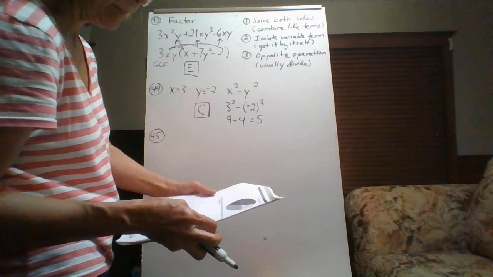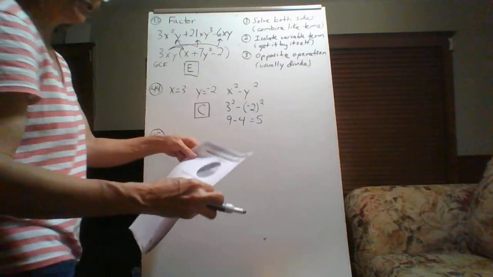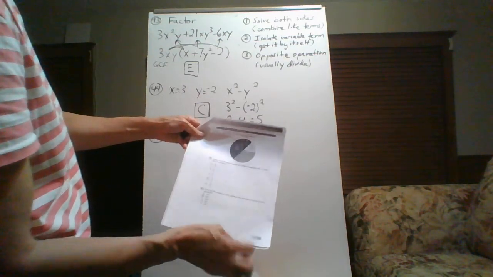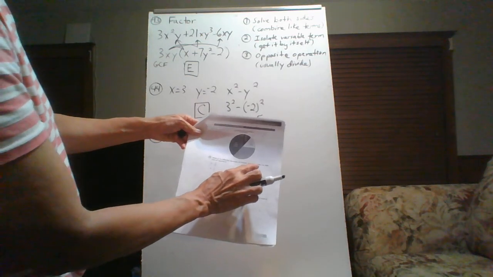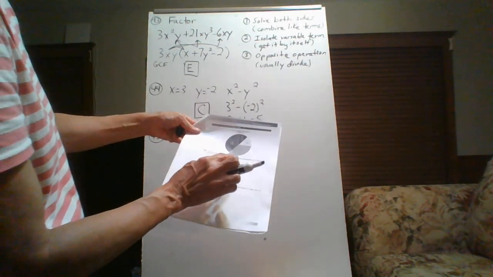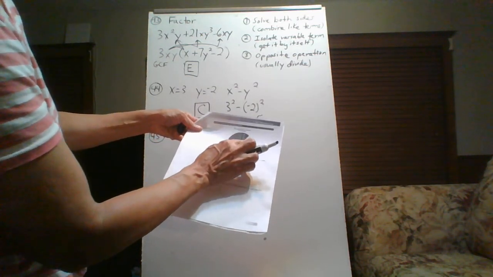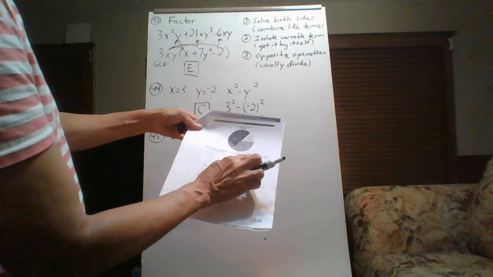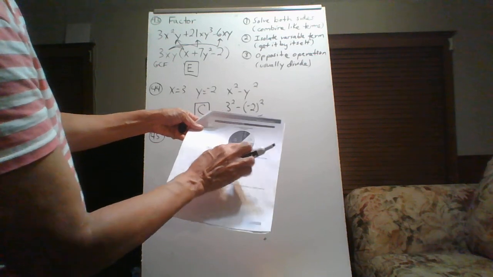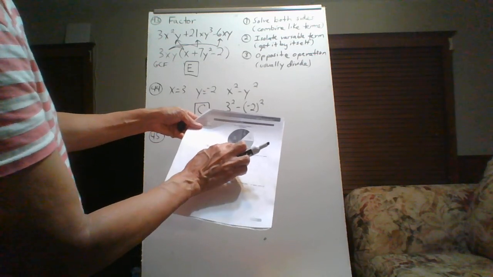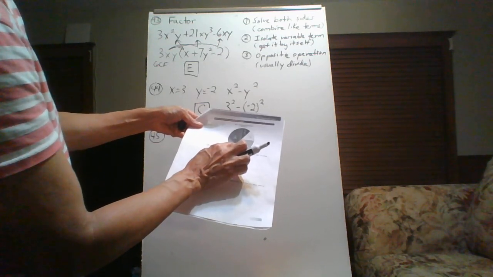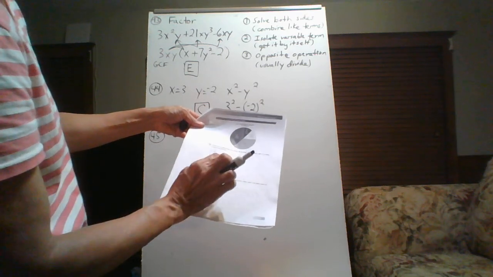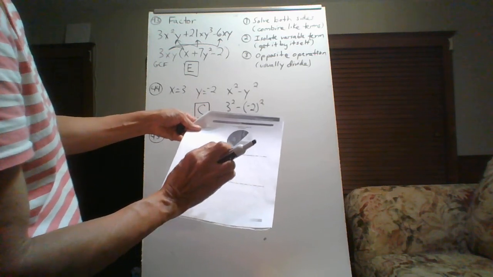45. Okay, 45, we've got this chart here that I'm not going to draw. Which of the following represents the fraction of employees with 3 or more years of experience? We have less than a year, 1 to 2 years, 3 to 5 years, 5 years or more. For 3 or more, I have 35% that have 3 to 5 years and 40% that have 5 years or more.